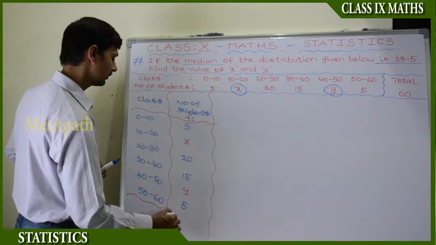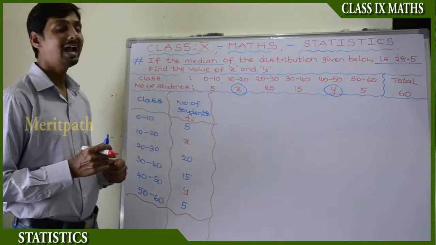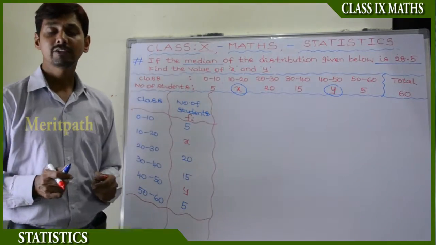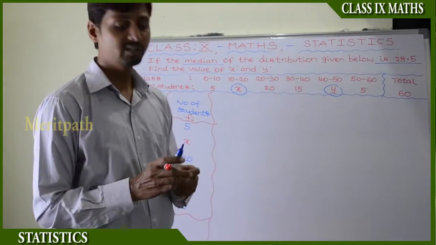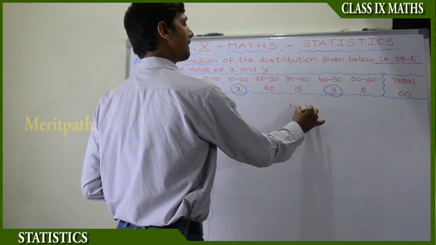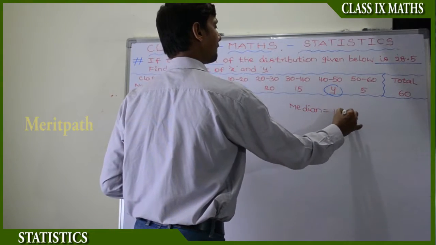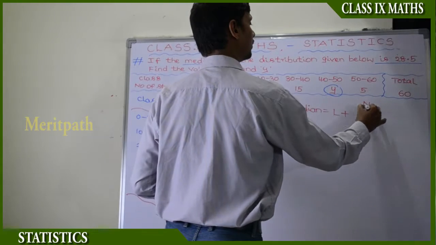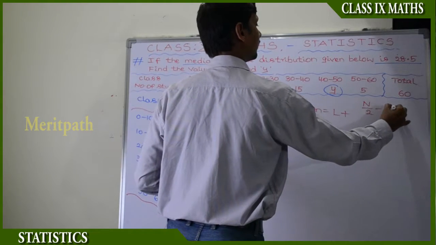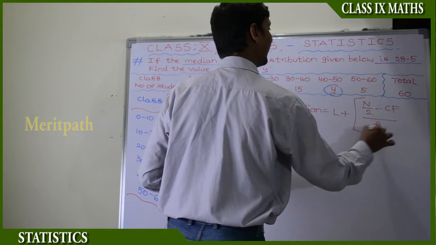Here we have the class, and the frequency is the number of students. Let's use the median formula for grouped data: median equals L plus (n by 2 minus cumulative frequency CF) divided by small f, into h.